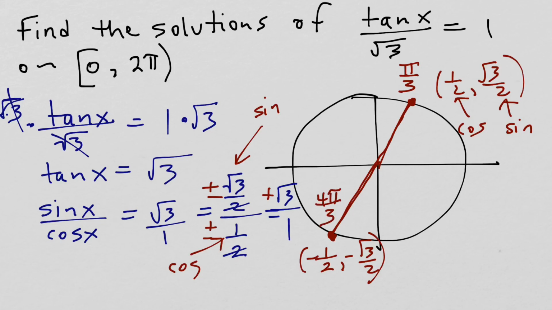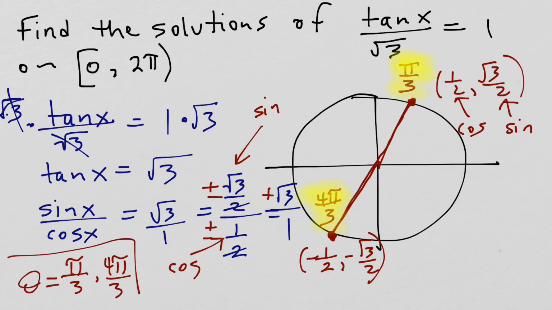So there's two angles that have a positive tangent equal to root 3. So the way I would write that solution is that theta is equal to pi over 3 and 4 pi over 3 in that interval. All right, so those are the most basic, simple kind of equations where you just basically have a one-step solution.